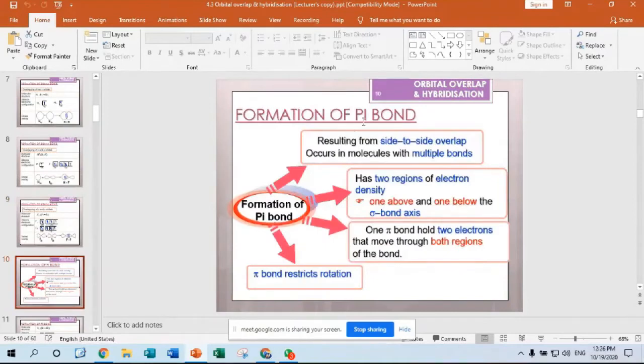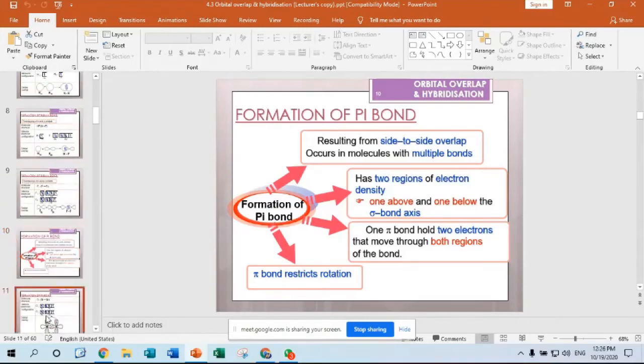Okay, formation of pi bond: side to side overlap occur in molecule with multiple bond. Has two regions of electron density, one above, one below the sigma bond. One pi bond holds two electrons that move through both regions. So kita tengok contoh, apa maksud dia kat sini?